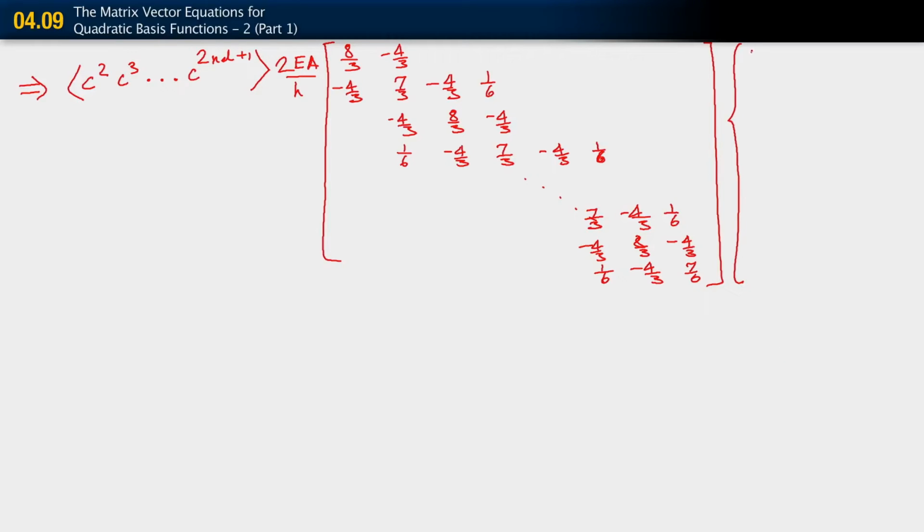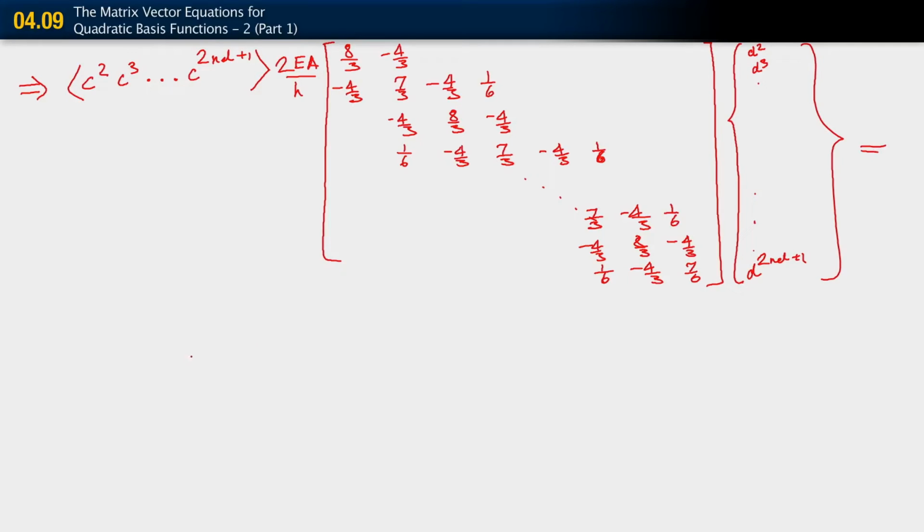Okay? The degree of freedom vector for D is now starting with D2. D2, D3, going all the way down up to D2NEL plus 1. Okay?